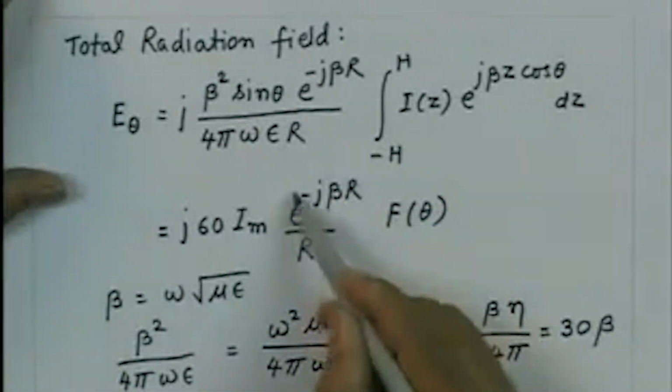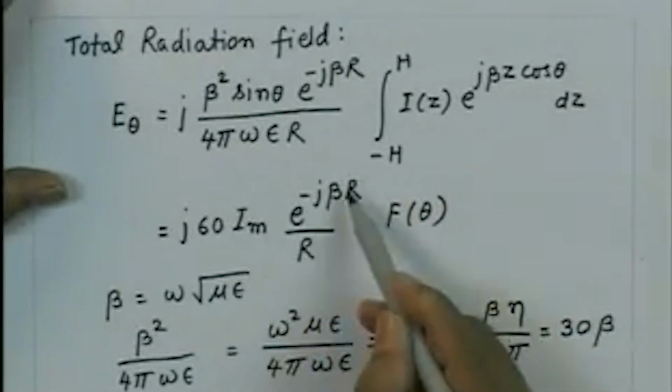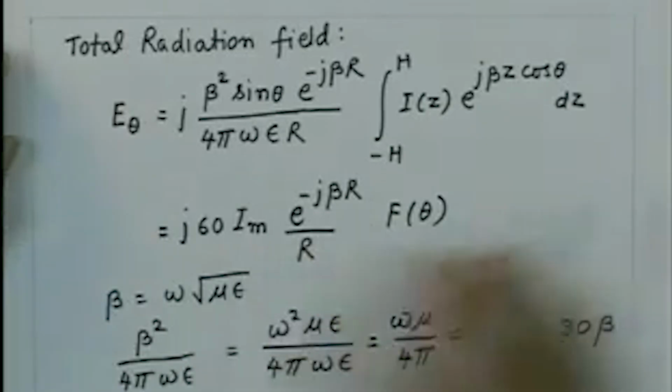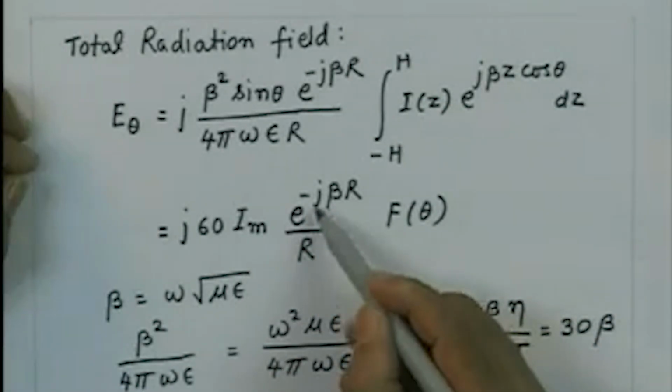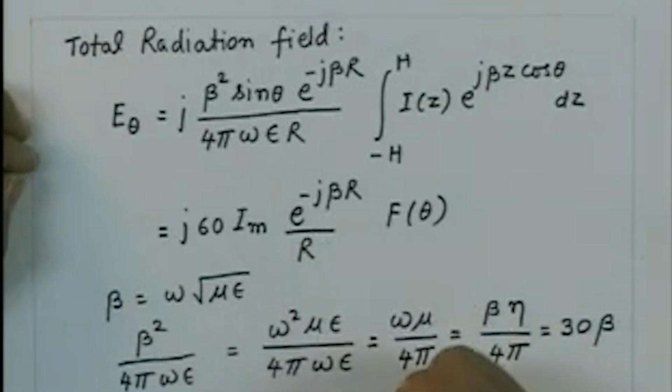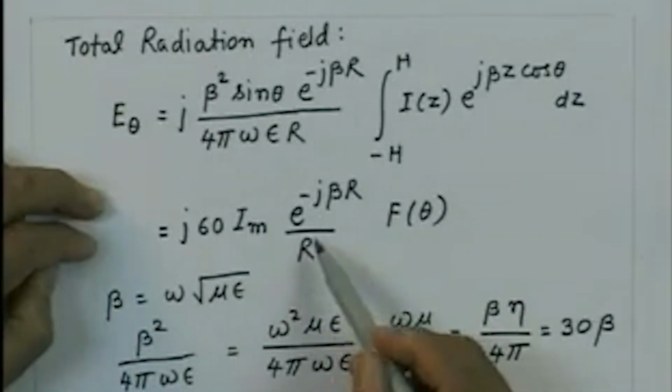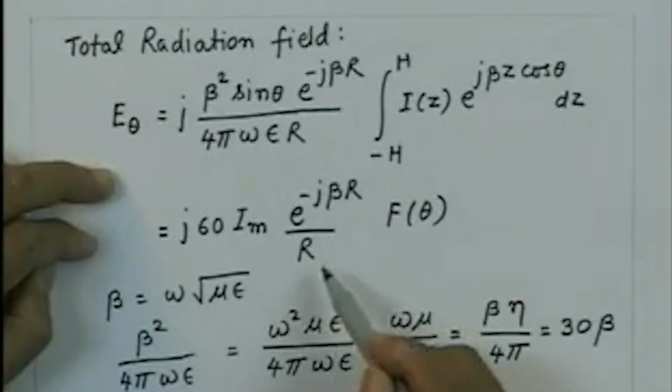So, as I mentioned, this term essentially gives you now a variation of amplitude of the electric field as a function of r, and that we have seen for the Hertz dipole, which varies as 1 over the distance. In this case also the same thing is true, that the electric field amplitude will be inversely proportional to a distance from the center of the dipole.